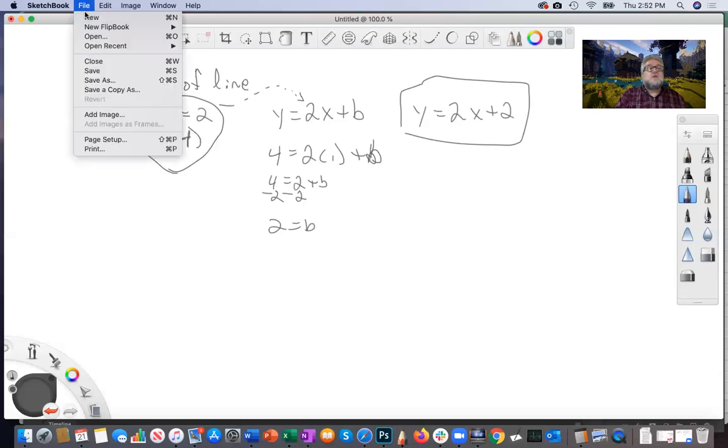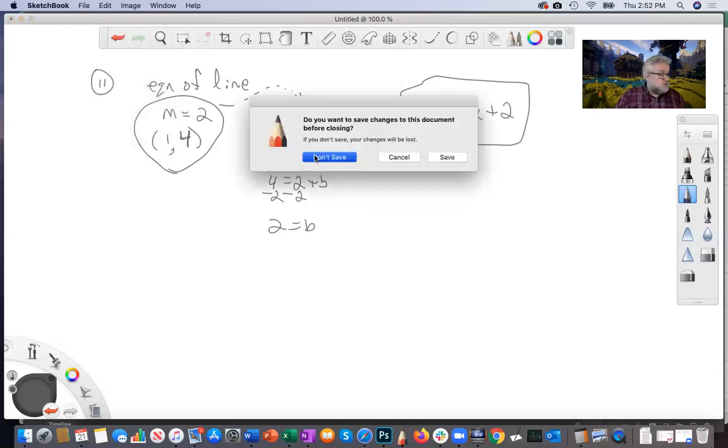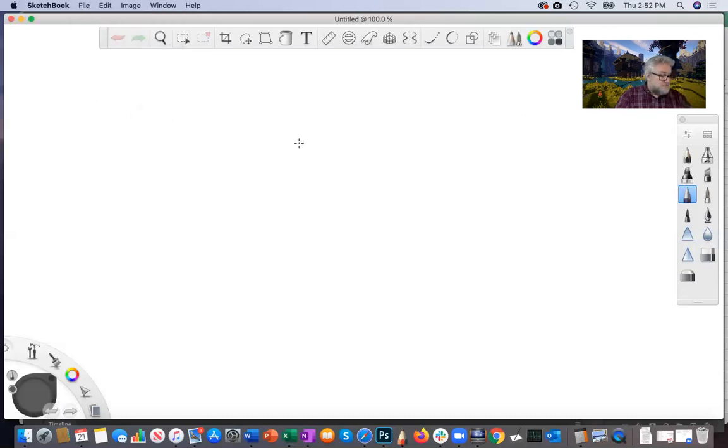Let's do another one. Let me find a good one. There's a good one. This is number 23. We want to find the equation of the line in slope-intercept form.